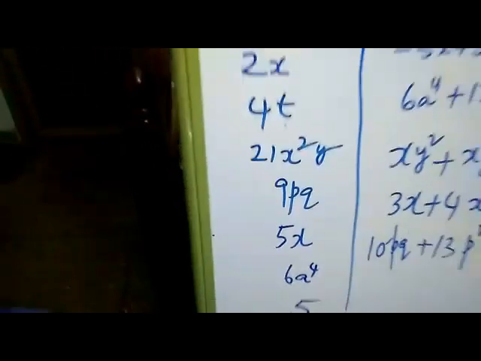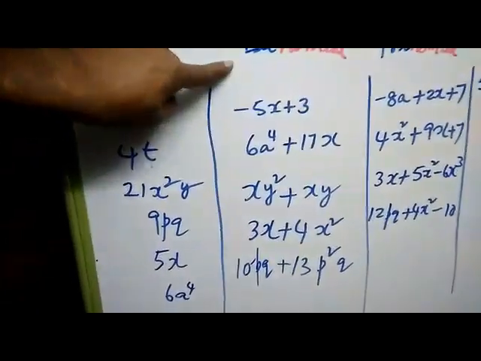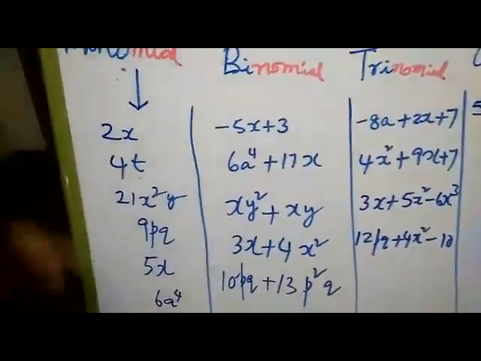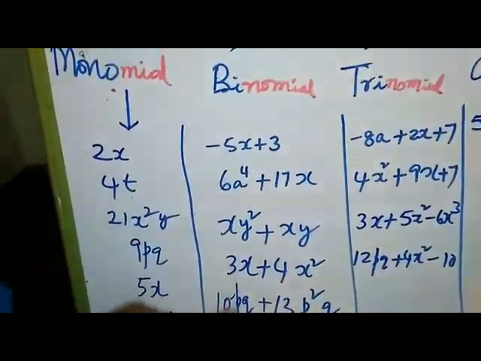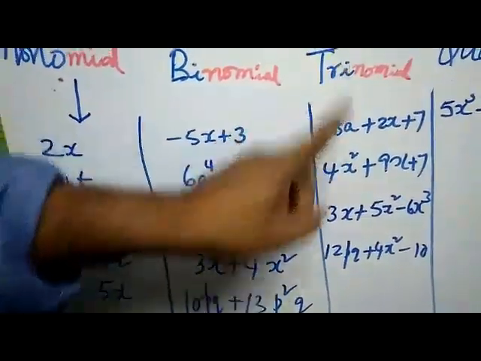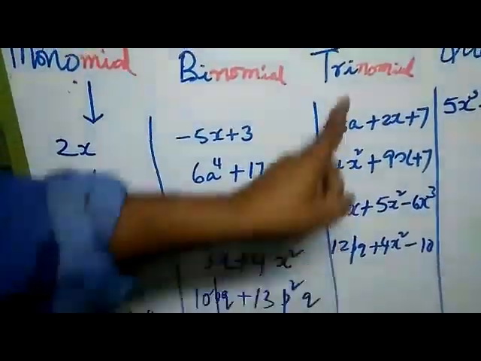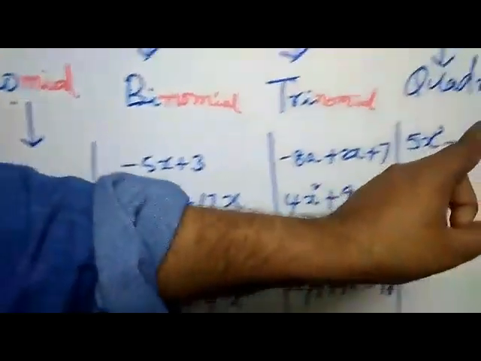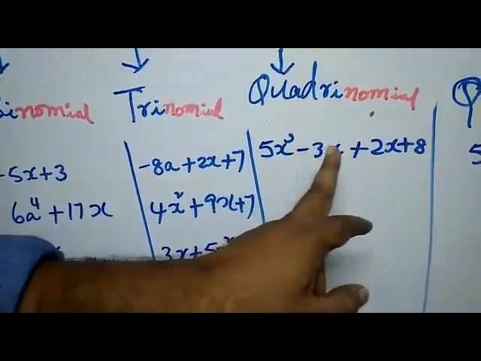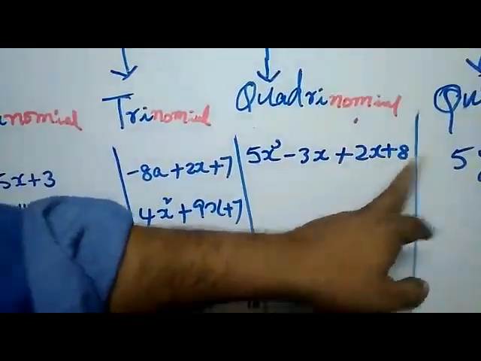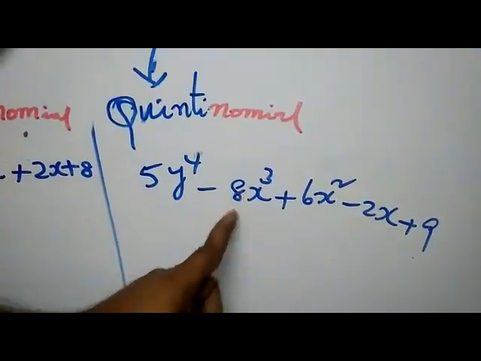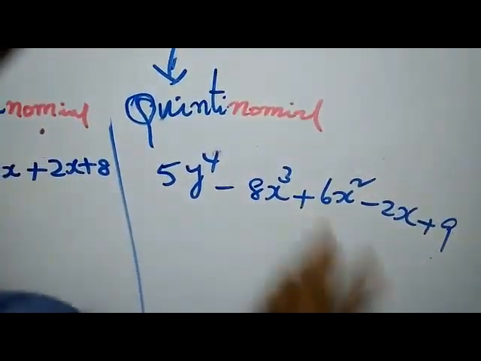These are the examples of monomials. Binomials. Here only monomial, only one term. Coming to binomial, you see all the examples, two terms are there. Coming to trinomial, see all the examples, three terms are there. Coming to quadrinomial, 1, 2, 3, 4, four terms. Coming to quintinomial, 1, 2, 3, 4, 5 terms.